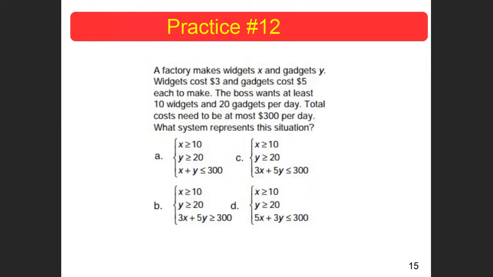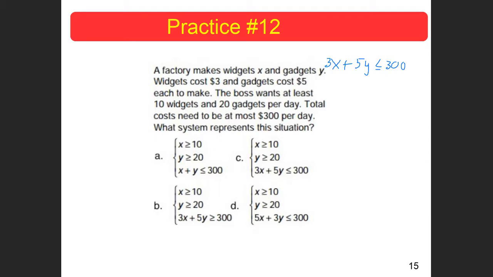Here's another example. A factory makes widgets and gadgets. Widgets cost $3 and gadgets cost $5 each to make. That's how much it costs to make them, so I've got 3X plus 5Y, and pretty soon they're probably going to tell me how much money they have. It says the total cost needs to be at most $300 per day. So this has to be less than or equal to 300 because I can't spend more than $300 a day to make widgets and gadgets.